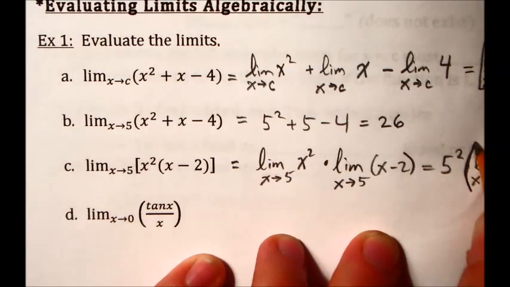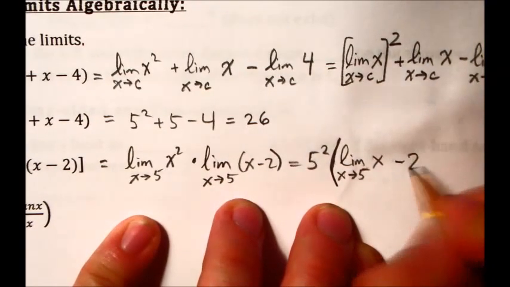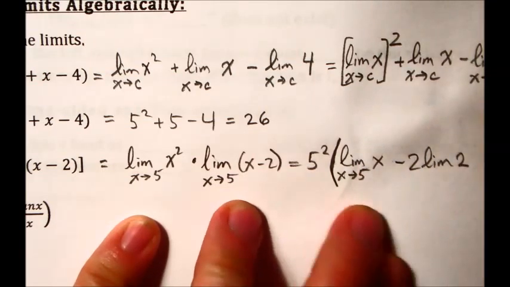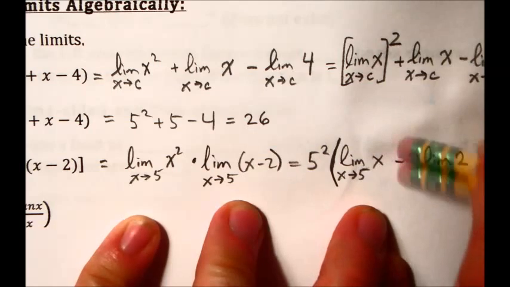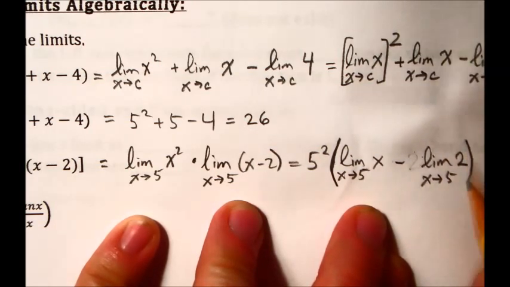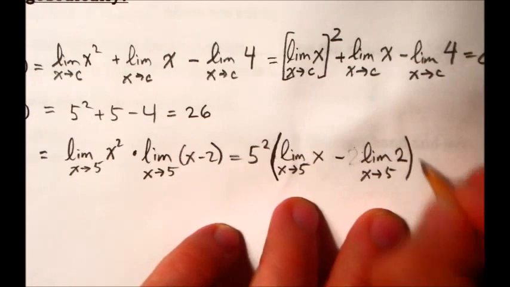I'm showing too much work, but oh, sorry, I didn't show you what I was doing there. Yeah, I'm splitting this up into 2 separate limits. Like that. So I just inserted the 5 squared because I did that earlier. And then here I did a split. You don't have to show this much work.